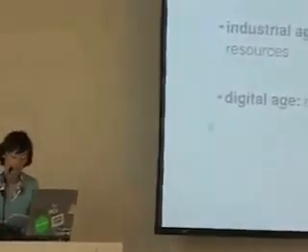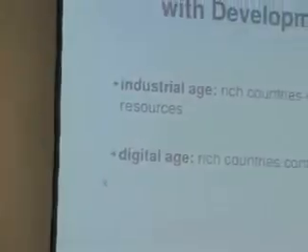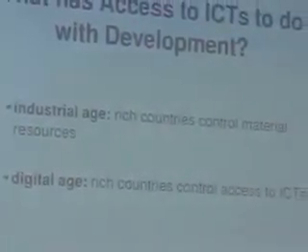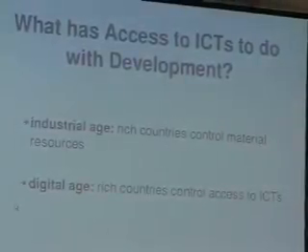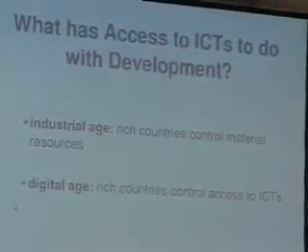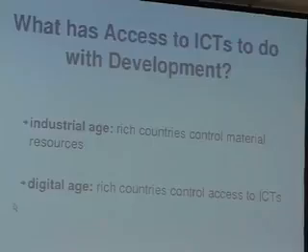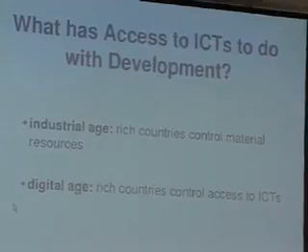Okay, so what has access to information and communication technologies to do with development? I said some words in the beginning about this issue. Since the mid-1990s, the internet became a mass medium, and shortly after, the digital divide appeared on the political agenda, because people noticed a very sad continuation.